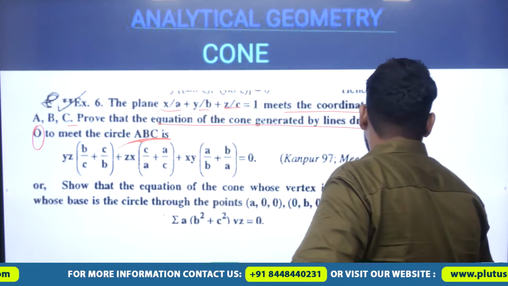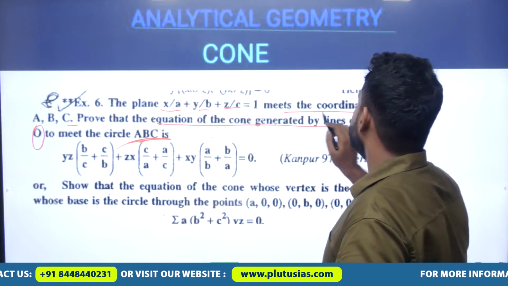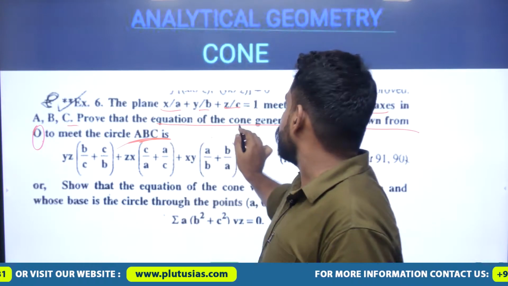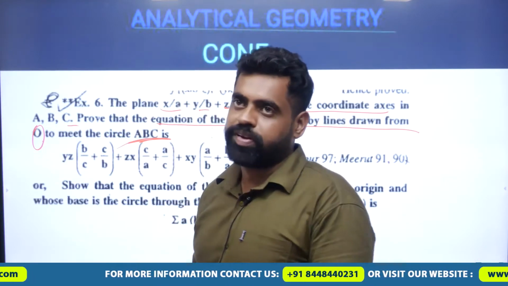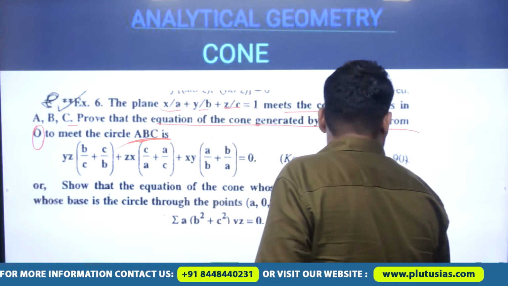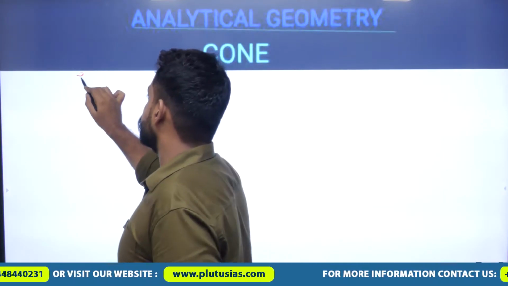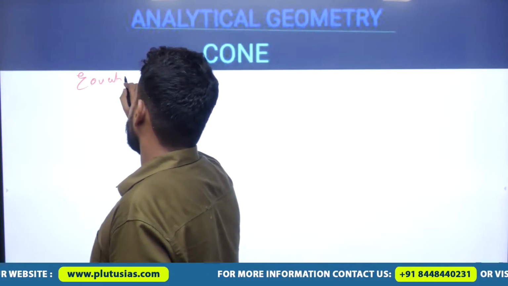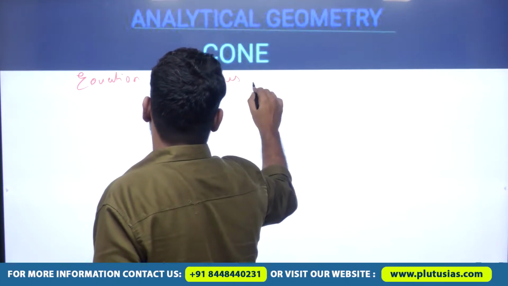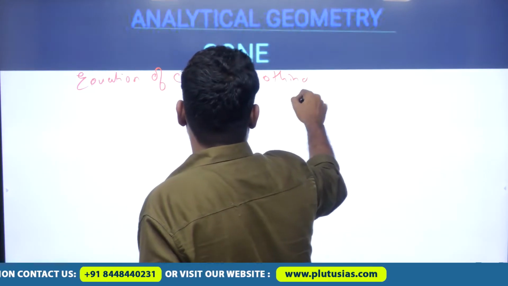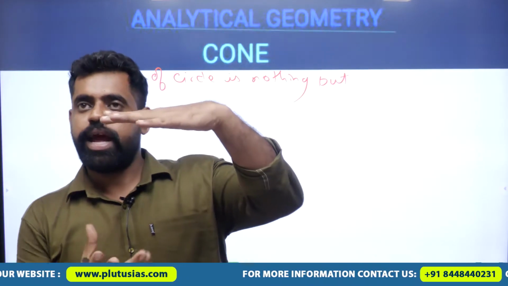So first of all, there is a plane. The plane meets the coordinate axes at A, B, C. Prove that the equation of the cone generated by the lines drawn from O to meet the circle ABC. Now this circle is nothing but the intersection of the plane and a sphere.